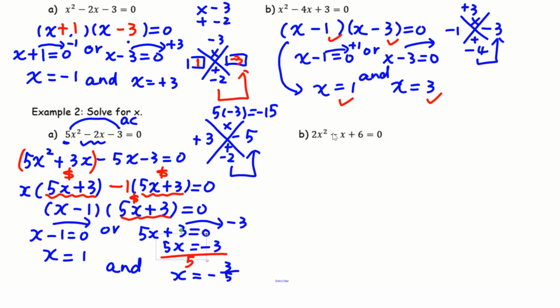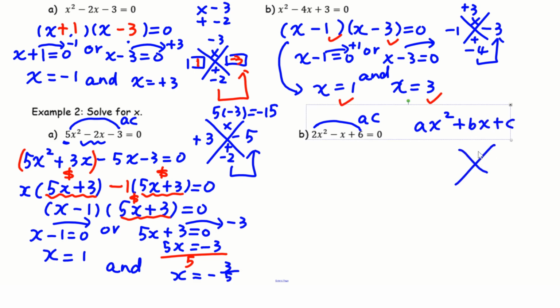And the next one, AC method again, A value times C value. So this is the standard form, ax squared plus bx plus c, okay? Times AC gives you the two numbers that times together need to equal A times C. So 2 times 6. And added together equals the B value, which is negative 1. Okay. So 12, we are going to have 3 and 4.